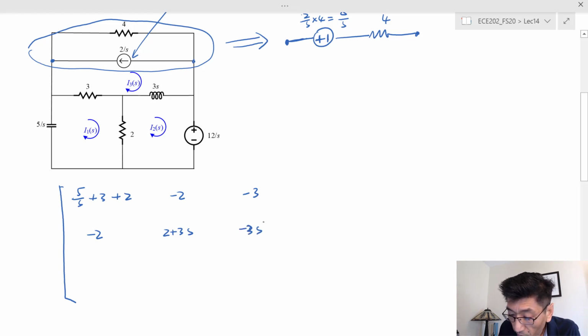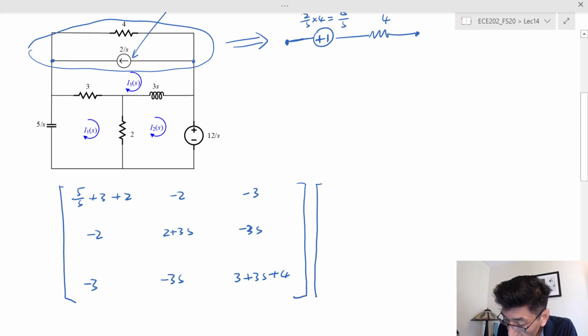In this case, we got a negative 3 here, where the impedance is shared by mesh 1 and mesh 3. And mesh 2 and mesh 3, that's a negative 3s, because this should be symmetric. And for mesh 3, we have the impedance plus 3s plus 4, right?